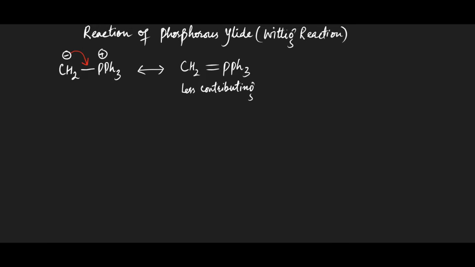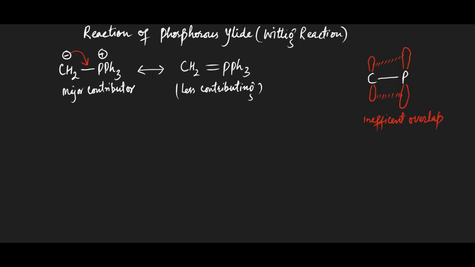But it does not contribute much character to the overall resonance hybrid, because the 2p orbital on C and the 3p orbital on P are significantly different in size and do not effectively overlap. The ylide is often represented with a C=P double bond, but it is the first resonance structure with formal charges that reflects the true reactivity of a Wittig reagent.